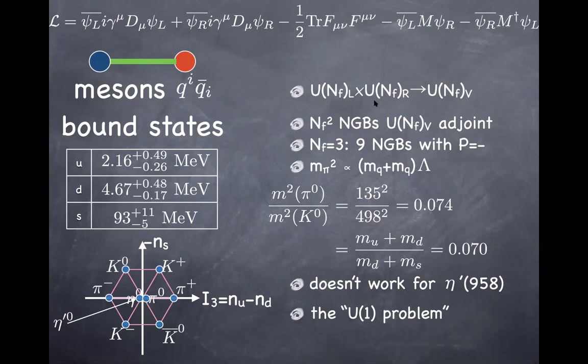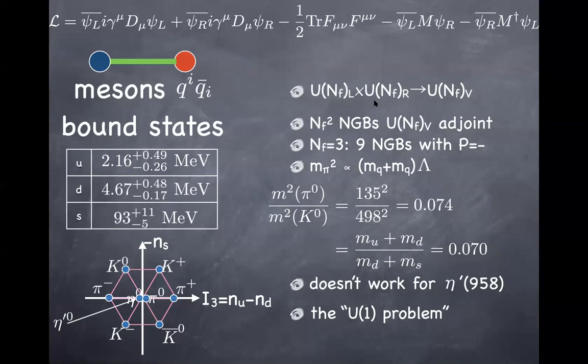And based on this idea that UNF cross UNF symmetry, even though it's a symmetry of the classical Lagrangian, it's actually not a symmetry of the full quantum theory. And classical symmetry of the Lagrangian can be broken due to quantum effects. And then we say the theory is anomalous. So anomaly means that the classical symmetry of the Lagrangian is no longer a symmetry of the quantum theory.